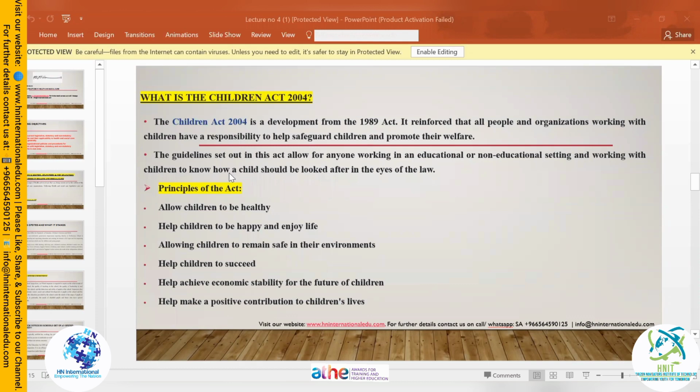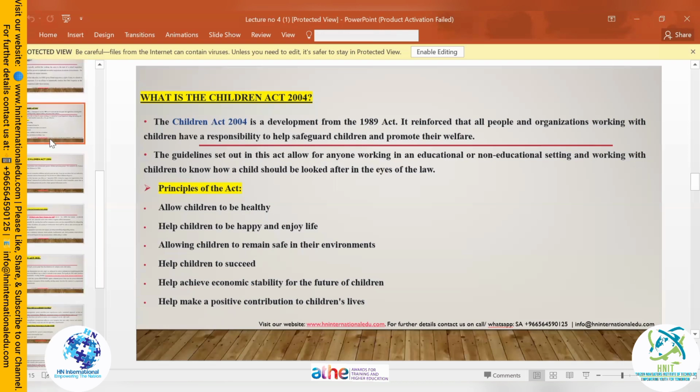The principles of the act are as follows: allow children to be healthy, help children be happy and enjoy life, allow children to remain safe in the environment, help children succeed, help achieve economic stability for the future of children, and help make a positive contribution to children's lives. So these are the main principles of this act: that children should be safe, children should be given the appropriate rights, and children should be given the things they are wishing for.